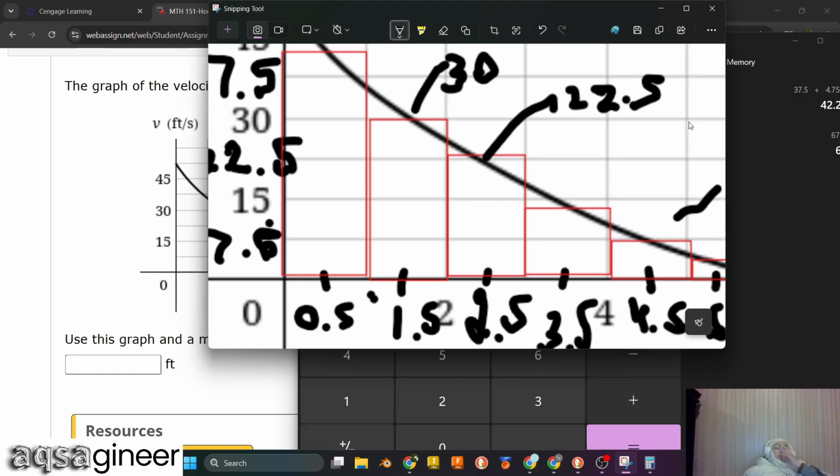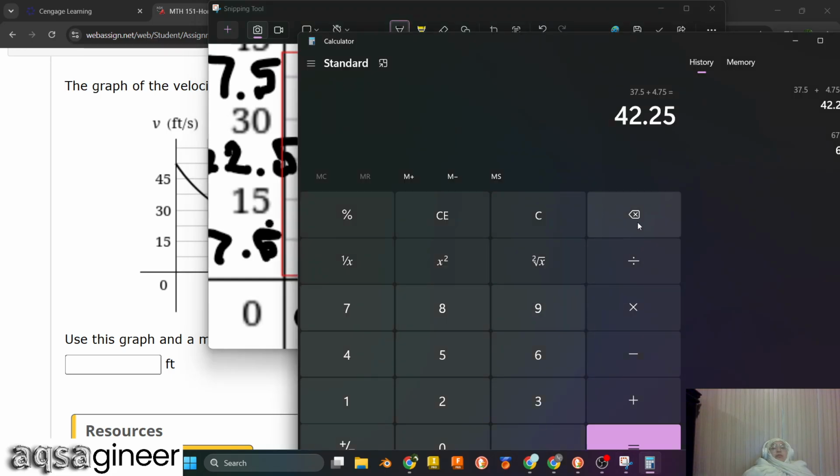Okay, now. So let's see, 15. It's about three quarters of the way up there. So 7.5 times 3/4, what does that give us? 5.625.